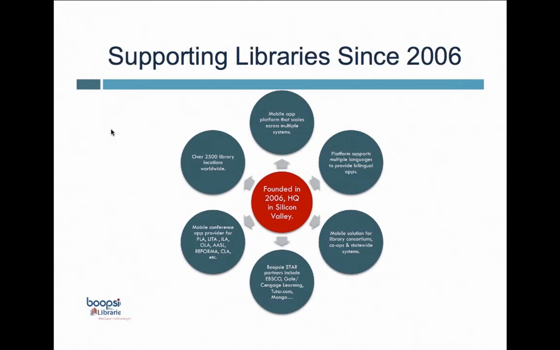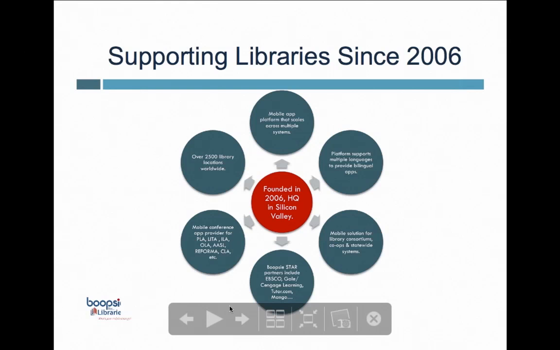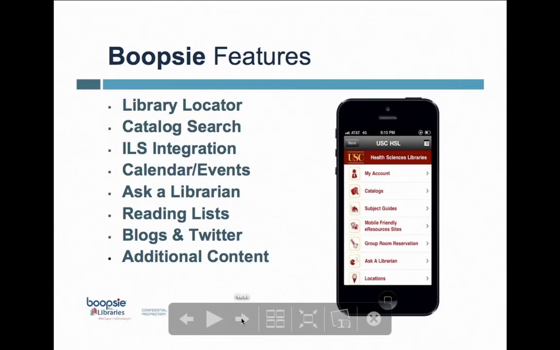Some really great star partners, which I already touched on, like EBSCO, Credo, Gale, so these really exciting partners. And we are the mobile conference app provider for conferences like PLA, CLA, for example. So we really are a trusted vendor across the board for libraries worldwide.